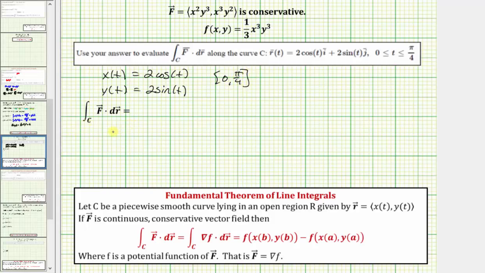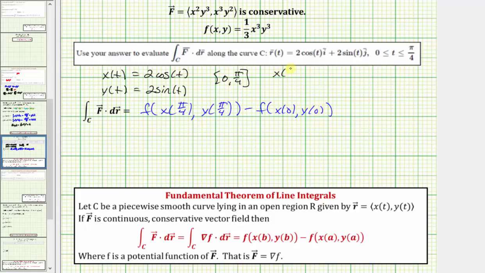Now applying the fundamental theorem of line integrals to evaluate this line integral, this is equal to the potential function, or little f, evaluated at x of pi over 4, comma y of pi over 4, minus f of x of 0, comma y of 0.